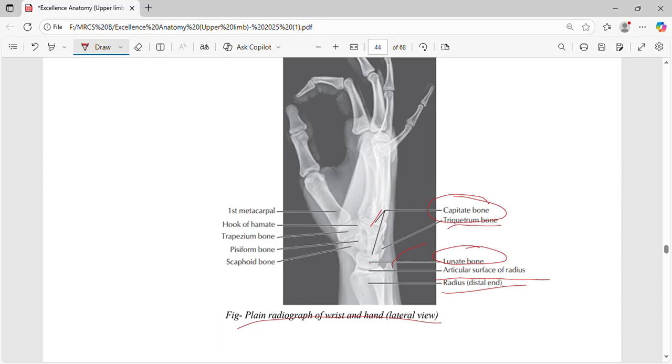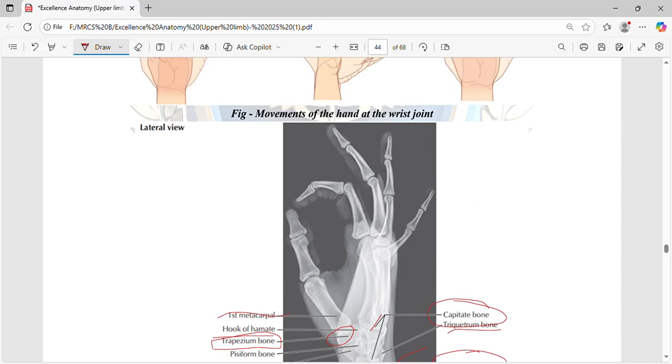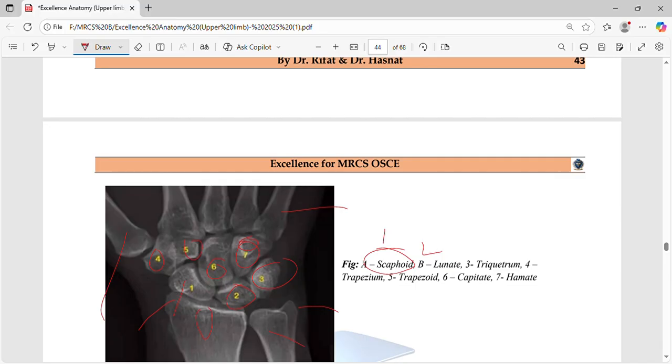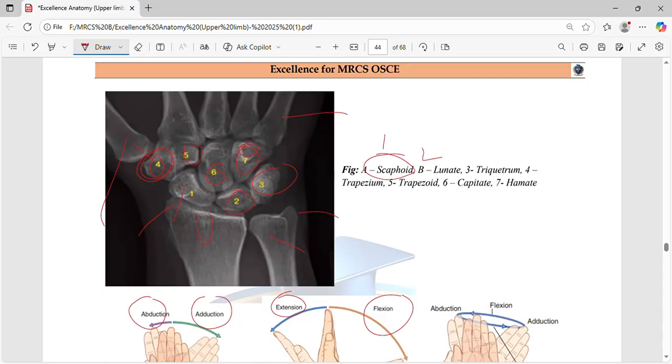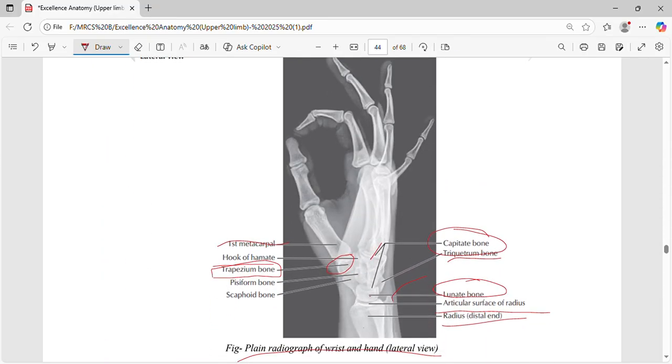This is the first metacarpal, and you will see the hook of hamate. The bone right below the first metacarpal is the trapezium. As you can see here, this is the trapezium just below the first metacarpal. So these are the identification tricks.